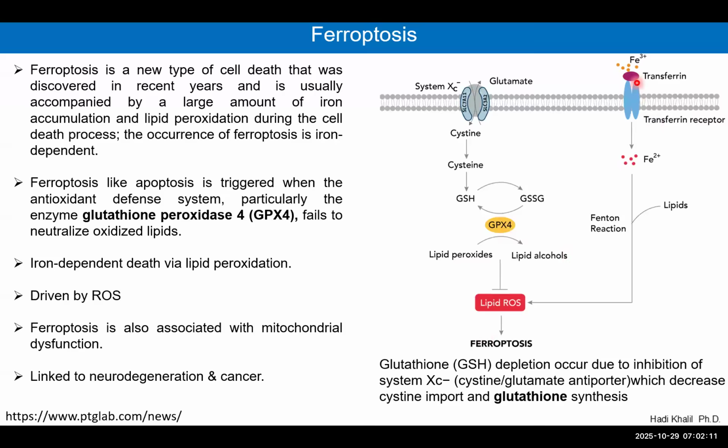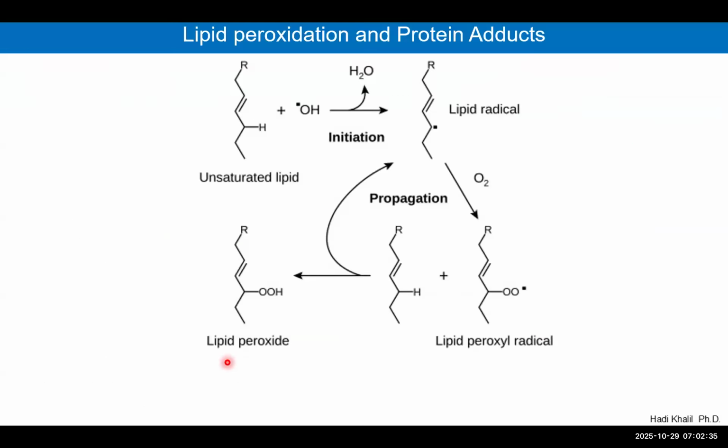And you see the convergence between the two arms of this type of cell death is that for that to happen, lipid peroxidation increases and levels of iron are high. Okay. Most of this information is written here for you if you want to read. Okay. So we described how lipid peroxidation takes place, and we mentioned that there are a few steps.